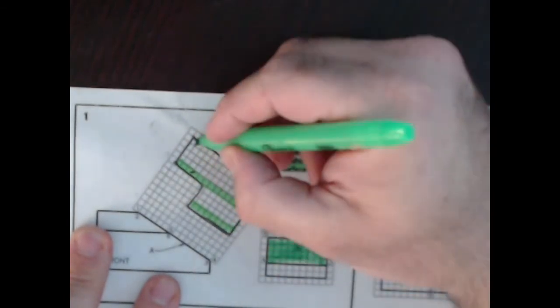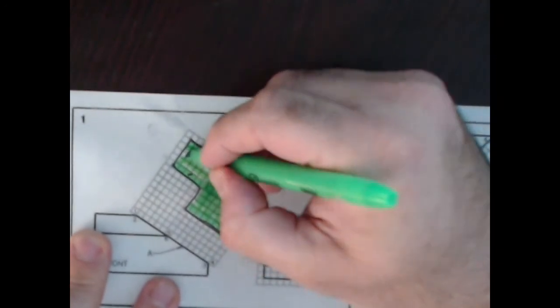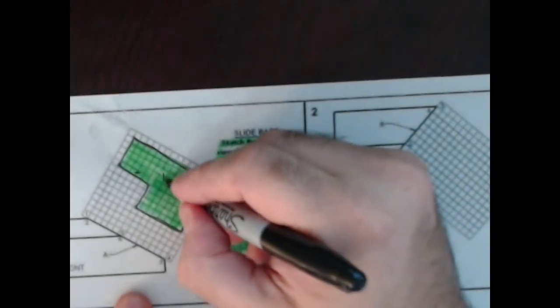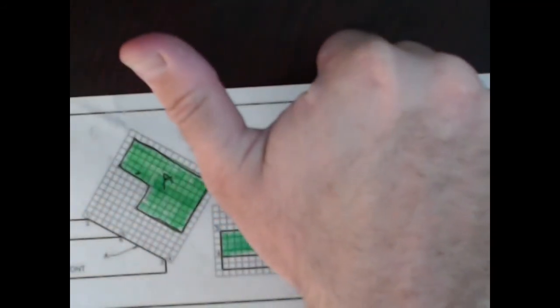The green surfaces are now represented in true size, normal to the face of view A, our auxiliary view. All right, we got it. Now it's your turn to do the rest of them.